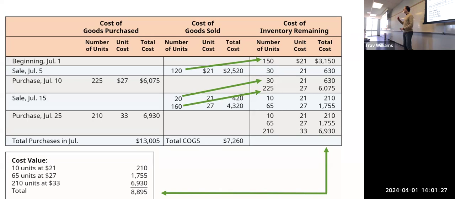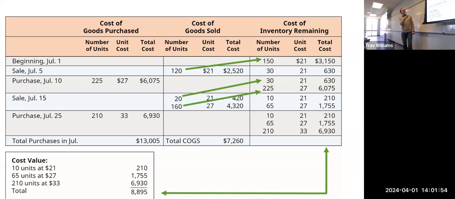Okay, now remember, we're now doing the perpetual inventory method and we're doing specific identification. So at the beginning of the period, the company had 150 units that it had paid $21 for per unit. If you multiply 150 times 21, you get this total cost. So far, so good, right?